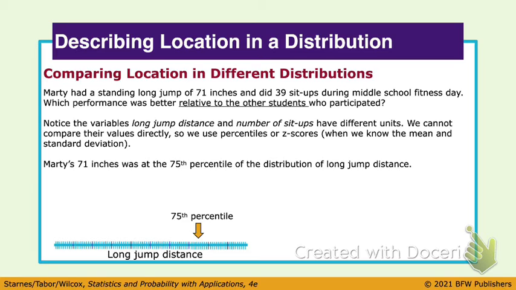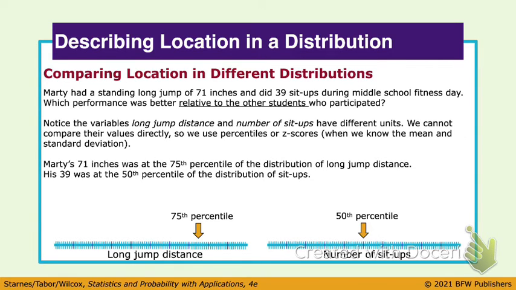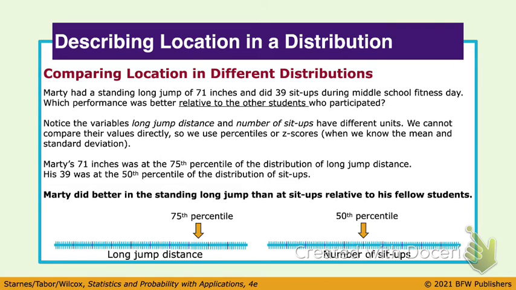So he only did better than 50% of the other students on the sit-ups. That means he did better in the standing long jump, relative to others, than he did on the sit-ups. He was at the 75th percentile, so 75% of students did worse than he did on the long jump, and he only did better than 50% on the sit-ups. So he did better on the standing long jump in relation to other students.